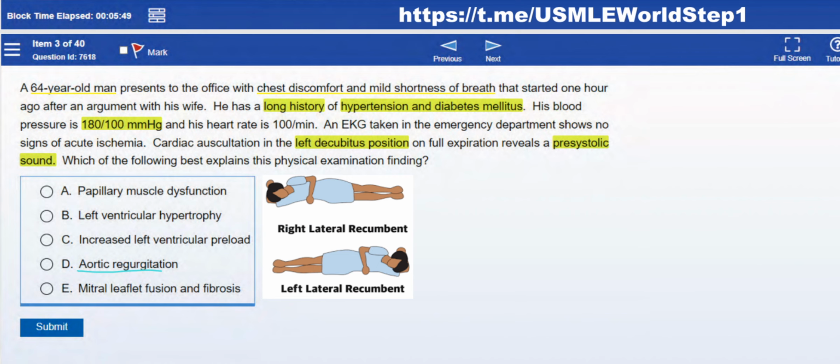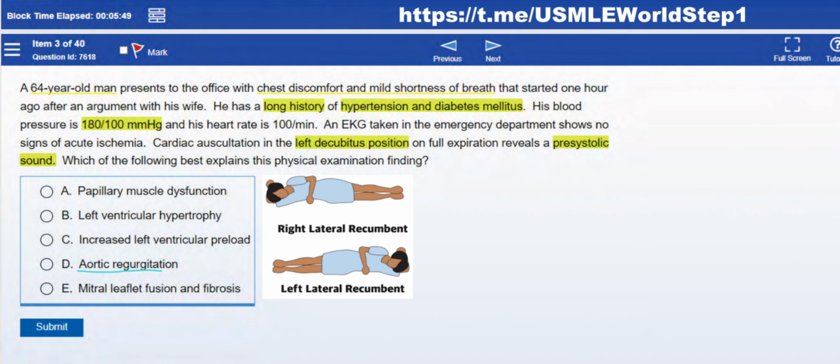This is usually not associated with a characteristic heart sound. Then we have aortic regurgitation, which is associated with an early decrescendo and mid diastolic murmur, but not with a presystolic sound.